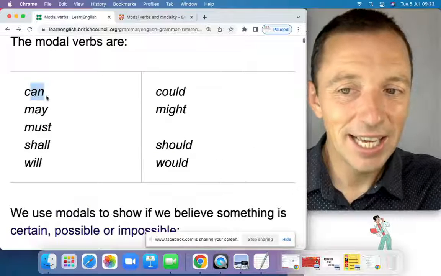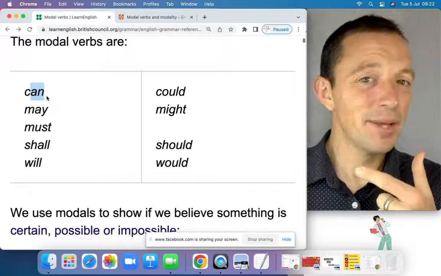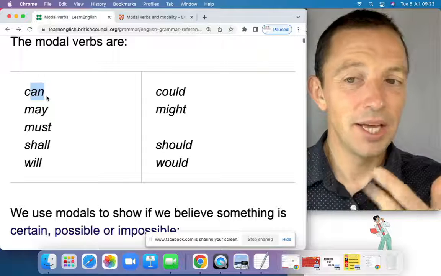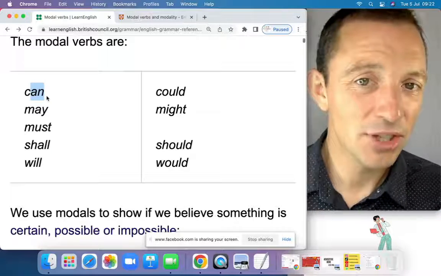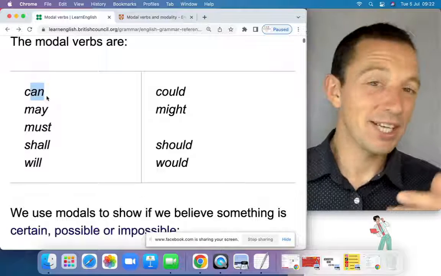Okay, so can is typically for ability and permission. I can go to the match tomorrow. I have the ability to go to the match and the permission.